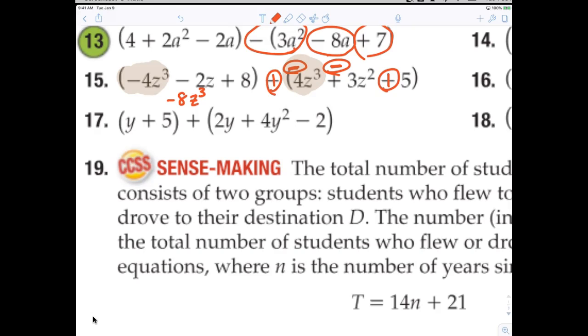Negative 3. Not 3, not 1. There are negative 3. They're right here. Does everybody agree? So that would be negative 3z squared. After the square term comes the z term. Negative 2z. Negative 2z, thank you.